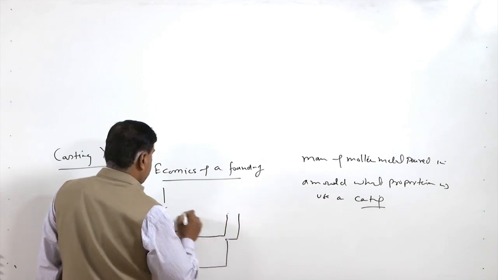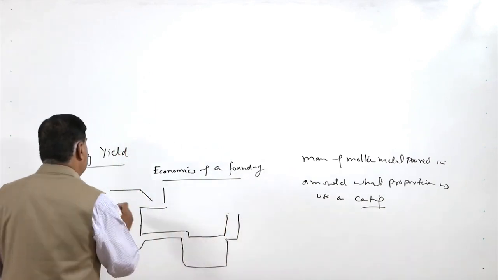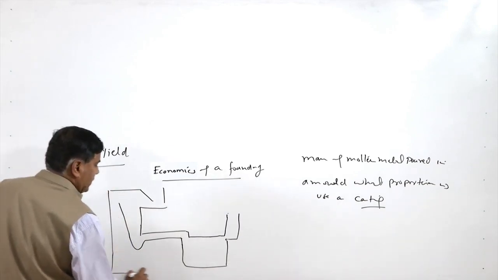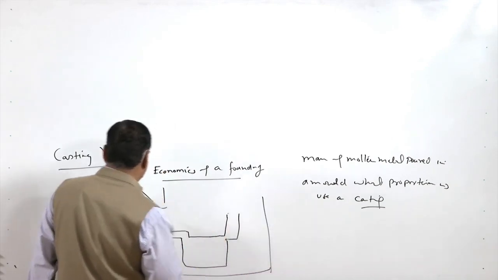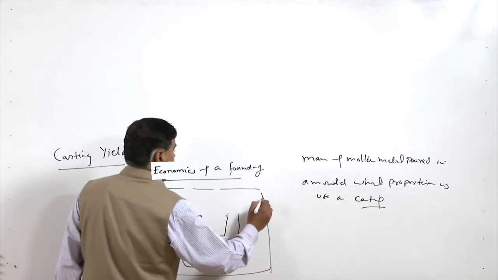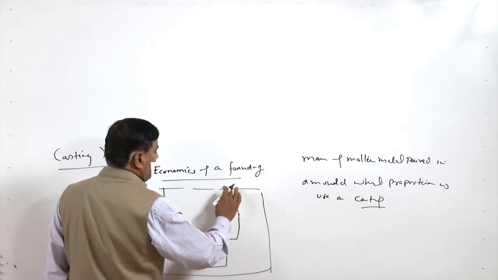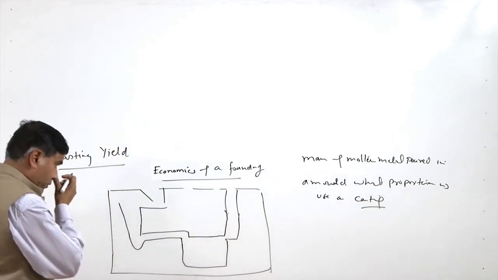So, this is the riser. These are the different elements of a gating system, and this is the entire mold packed in a flask. This riser may be open or it may be closed also.